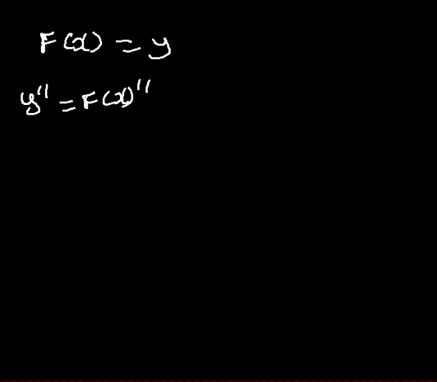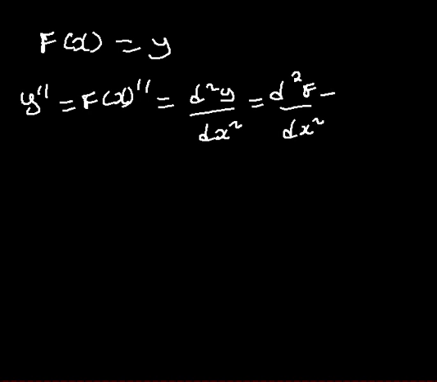And of course, this is also the same as d squared y over dx squared. This is also the same as d squared f over dx squared, which means this function is being differentiated twice. That is the second order derivative. And this is also the same as d squared over dx squared of f of x.